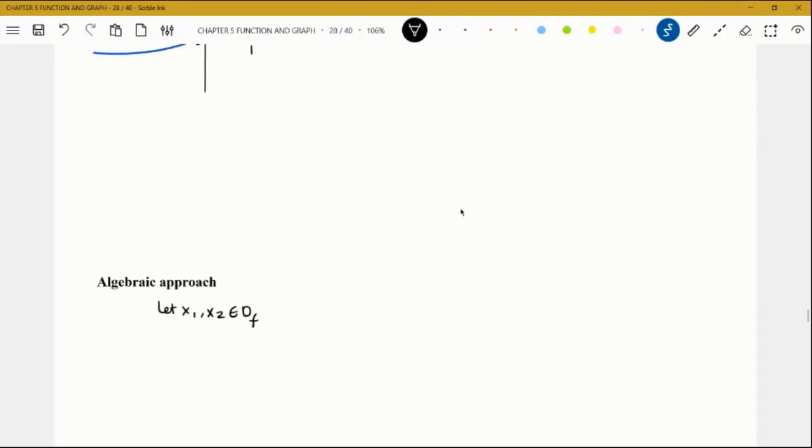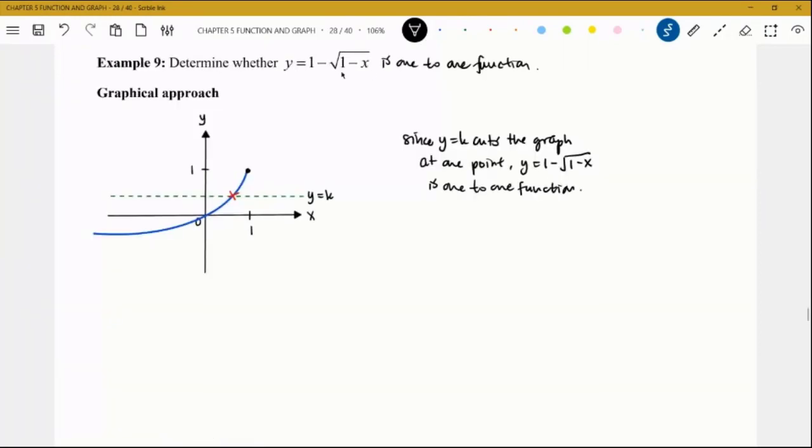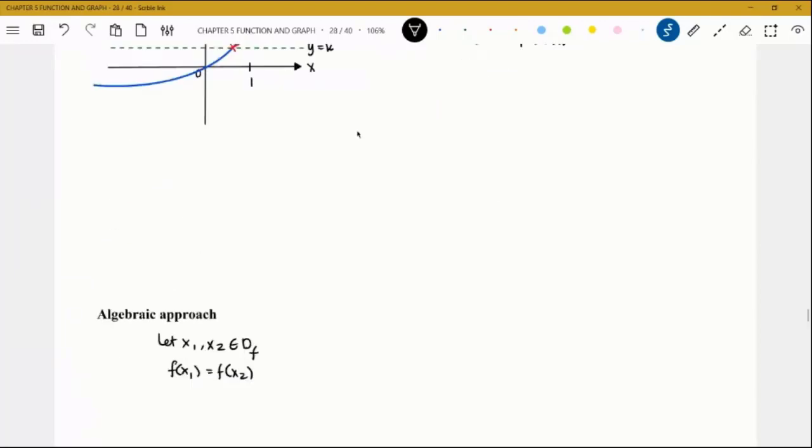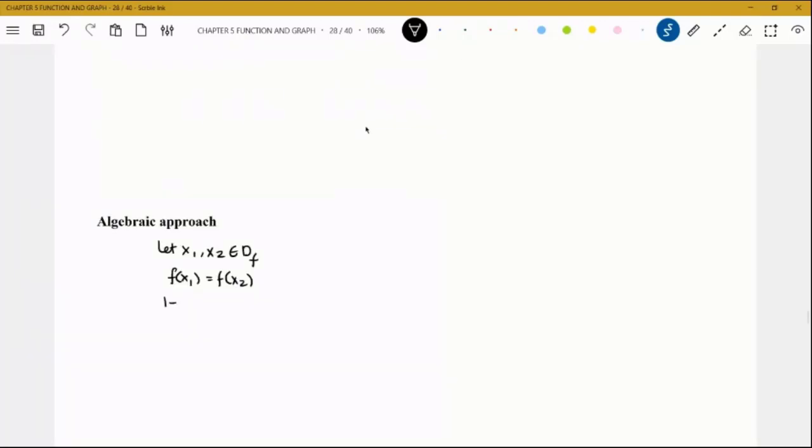And then we're gonna have f(x1) equal to f(x2). So we have to substitute into this function. So we replace the x here with x1 and x2. Okay, so we're gonna have 1 minus square root 1 minus x1 for the left hand side. For the right hand side, we have 1 minus square root 1 minus x2.